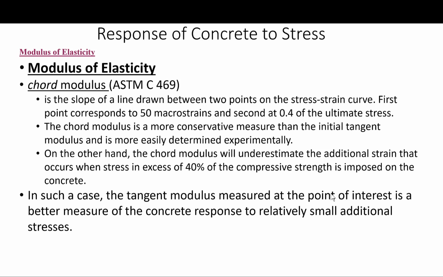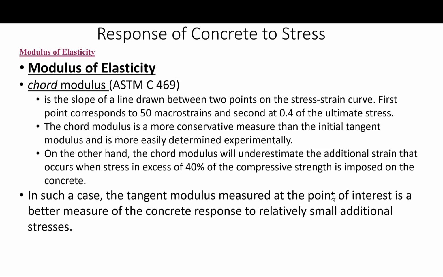So let me repeat. As we said, the initial tangent modulus typically corresponds to the slope of the curve at 50 microstrains. The second point is at 0.4 of the ultimate stress.